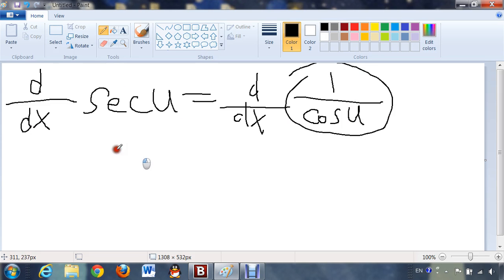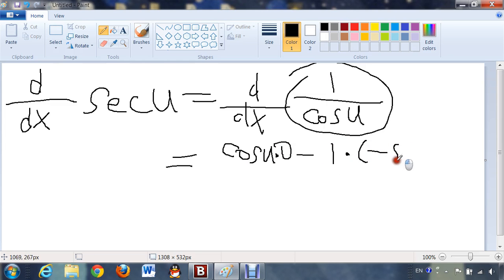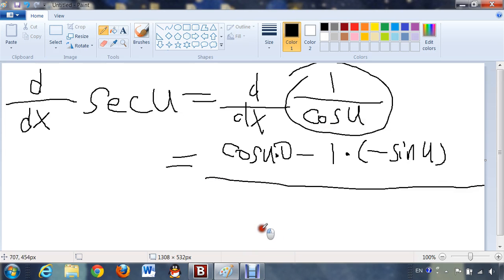If you use the quotient rule on this one, it will be cosine u times derivative of 1 is 0 minus 1 times, it will be minus sine u, right? That's the derivative of cosine u, or cosine something.